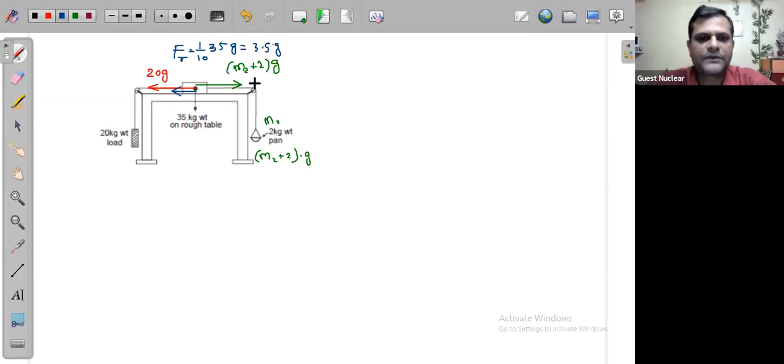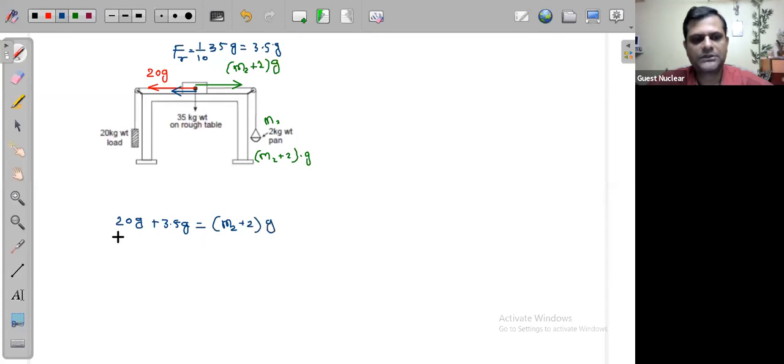So maximum force that can be added on this pan so as to balance can be obtained by just equating all these three forces now. In this case, this 20g and this Fr have to be added up together, so as to balance this rightward force here. So we can just get an equation that is 20g plus 3.5g must be actually equal to m2 plus 2 into g.